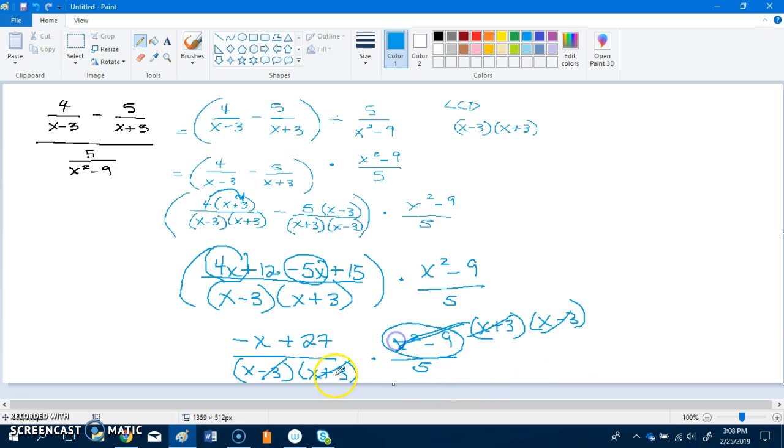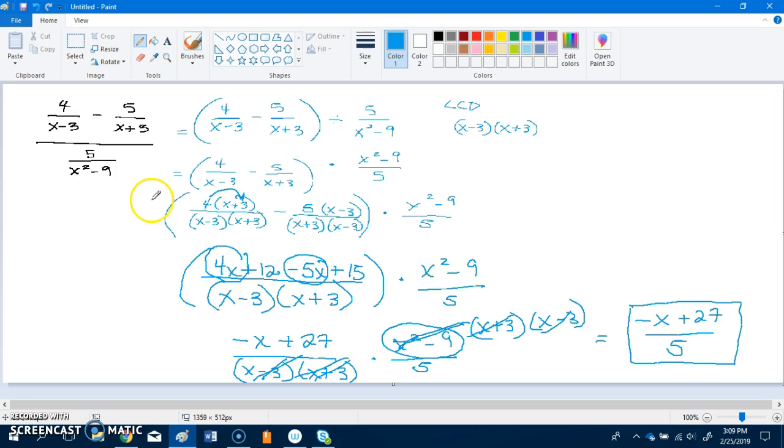When I cancel out the numerator here and the denominator here, what I'm left with is negative x plus 27 all over 5. And that is the final answer to simplifying this complex rational expression.